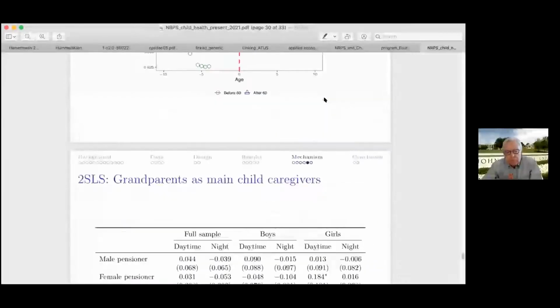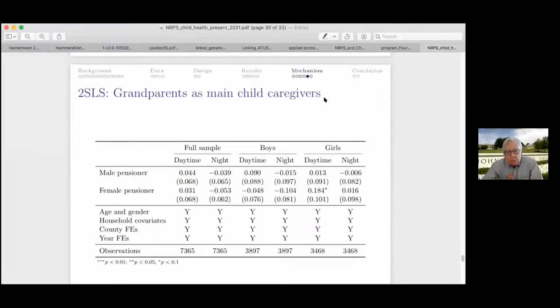Yeah, that's a great question. Actually, I think we are not able to detect a substantial change of caregivers switching from parents to grandparents. But consider that this question only asks who the main caregivers of the children are. So there may be some moderate change of time allocation, but we are not able to test that in this study.